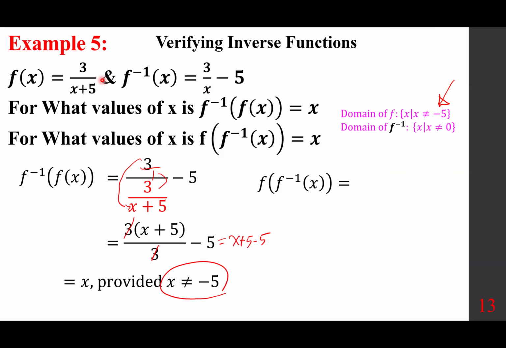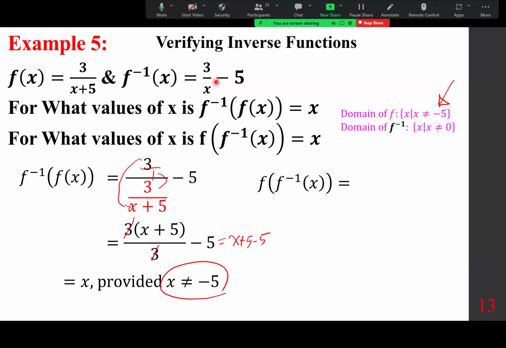My apologies. f of f inverse of x. This x is replaced by that. Okay. And so 3 over x plus 5. These two cancel each other.